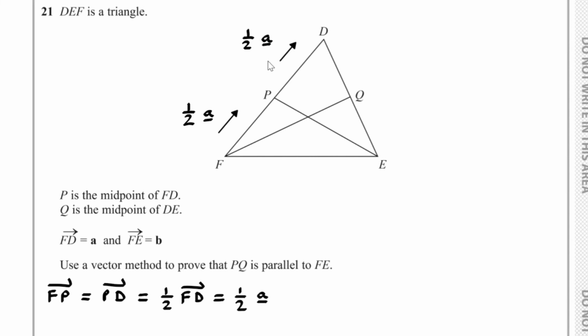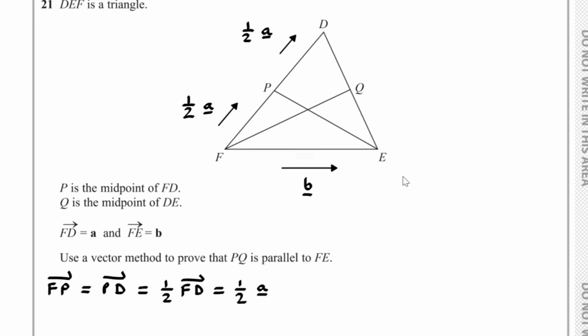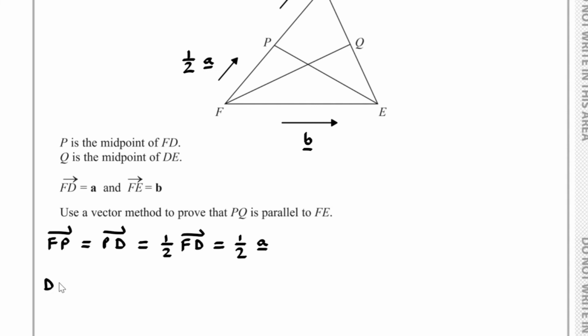And now, if I add on information about FE, FE is equal to the vector B. And what we can now find out is what the vector DE is. The vector DE, starting at D, finishing at E, that's the same as DF plus FE. So we've got DF, which is minus A, plus the vector FE, which is B.